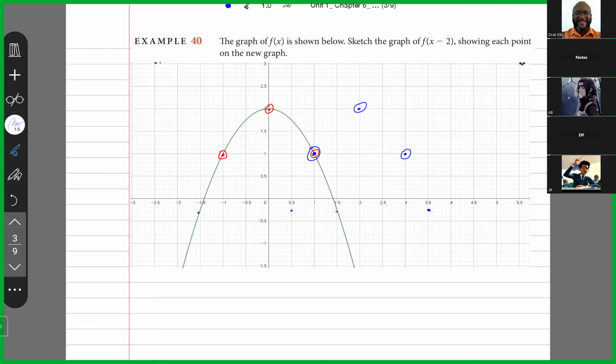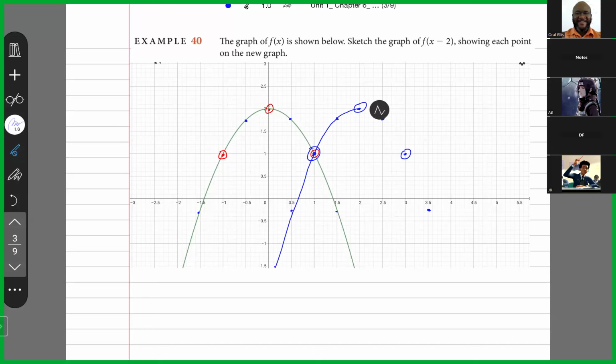Not so difficult to move. Just to make it easier for us to sketch, we could probably move this point as well, and this point. So the first point would move 2 units to here, the second point to here. So we have enough points.